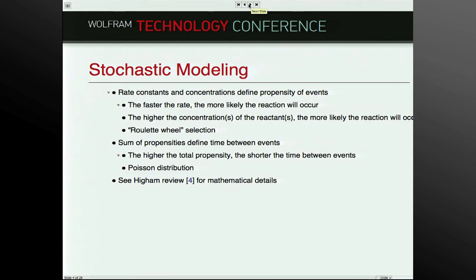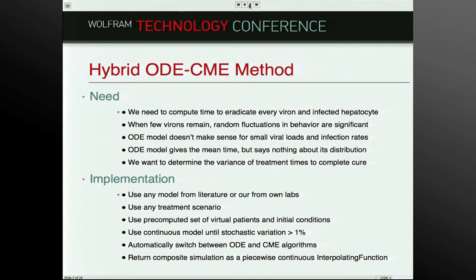And the probability distribution that we use for choosing the time is an exponential distribution. If you saw Roger's talk yesterday, a lot of the stuff that we've put together is going to be out in the next version as part of the random process functions. And I'm really looking forward to using them that way because it's going to be well integrated and it's probably going to cover a lot of cases that we didn't anticipate.